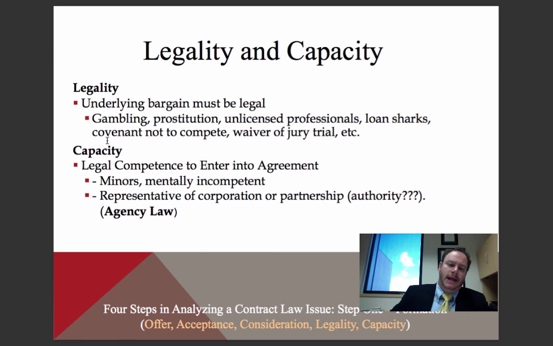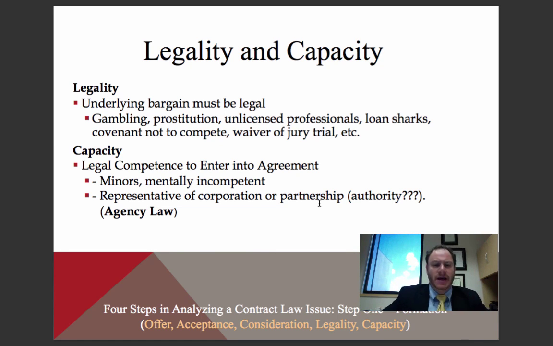Now, an interesting thing to highlight here is the covenant not to compete, which is an agreement or an element of a contract that's negotiated between parties, usually an employer and an employee, that says when the employee stops working for the company, that he or she will not work for a competitor for a certain period of time, or that the employee will not work in a specific industry for a certain period of time.